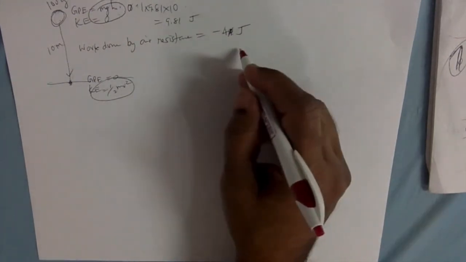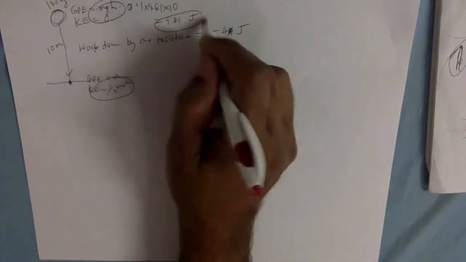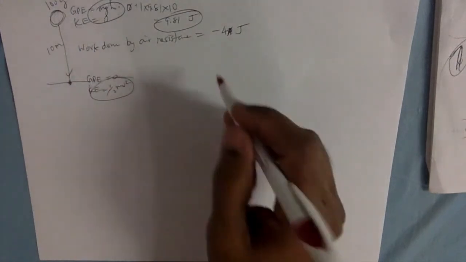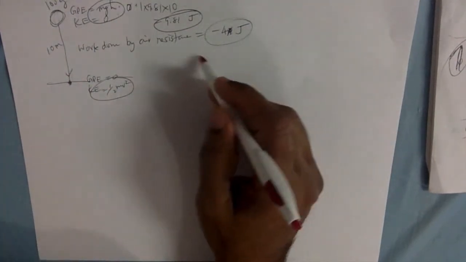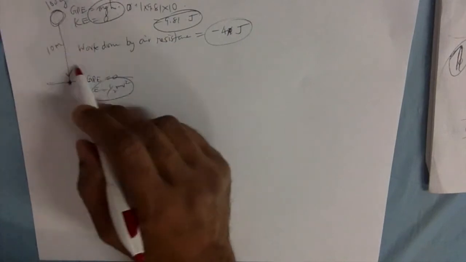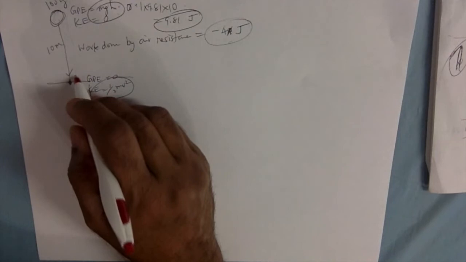This is the energy that was on the top, whereas as it was coming down, air resistance is doing this much work on it. So 9.81 over here, minus 4 on the way down, will be equal to the kinetic energy here.